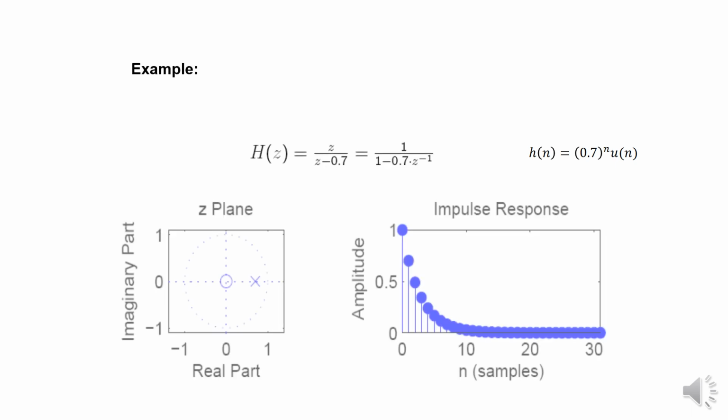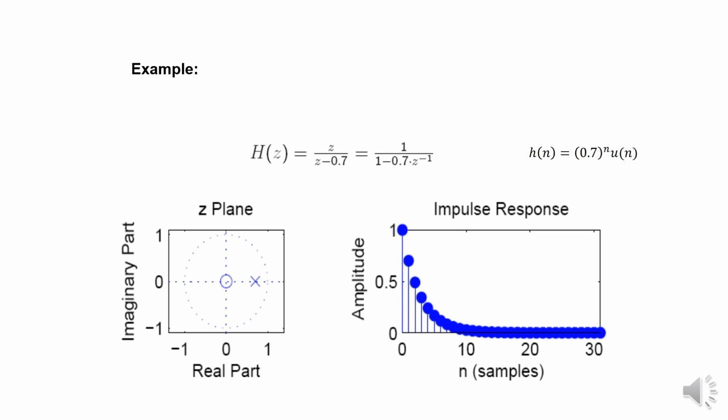Here we can consider this example: H(z) is equal to z divided by z minus 0.7. That is actually 1 over 1 minus 0.7 z^-1. We can represent H(z) in the z plane, which means representing the zeros and poles of H(z).